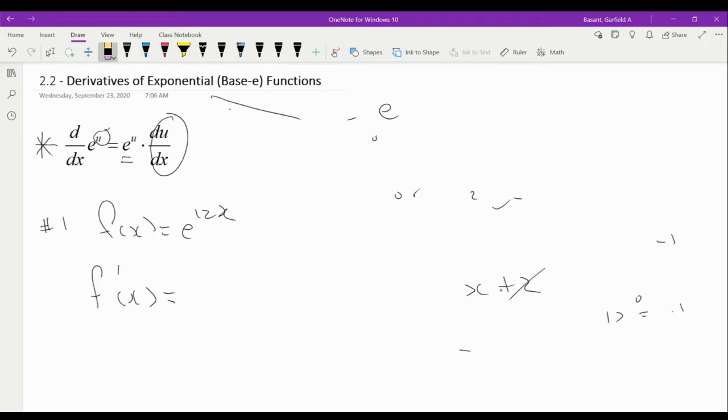Right, so if our u is 12x, what is du by dx? What is the derivative of 12x?